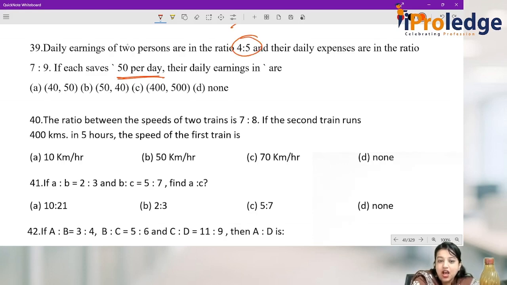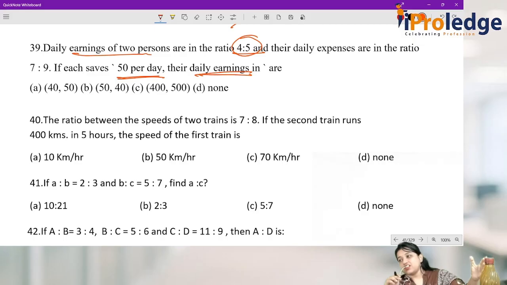And their earnings ratio? They are asking to find the daily earning, the earning ratio only. What is the earning ratio? 4-5. So first check which of the options are in 4-5.